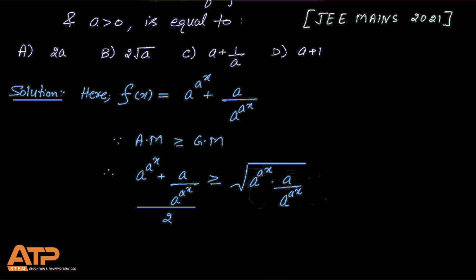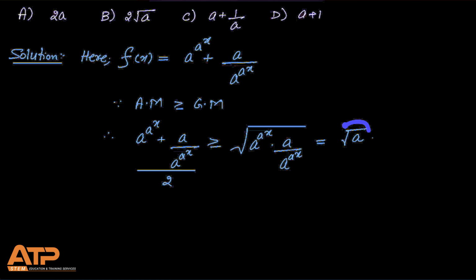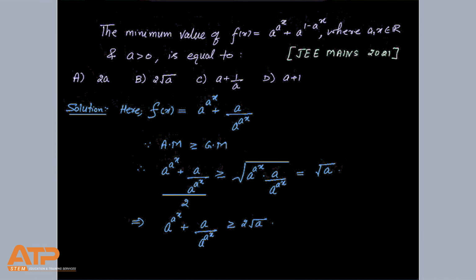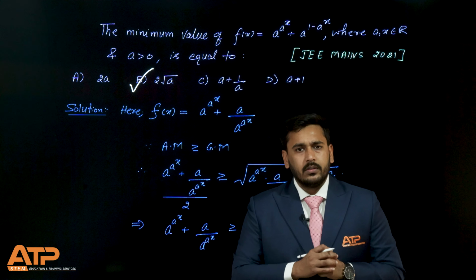And what is the product of these two terms? Nothing but a, so the root is root a. Then we can say a to the power ax plus a over a to the power ax is greater than or equal to 2 root a. If f(x) is greater than or equal to 2 root a, then what is the minimum value? 2 root a. That's all.